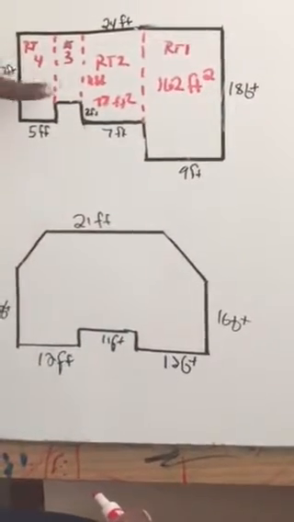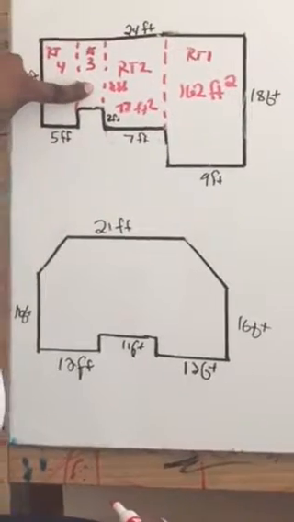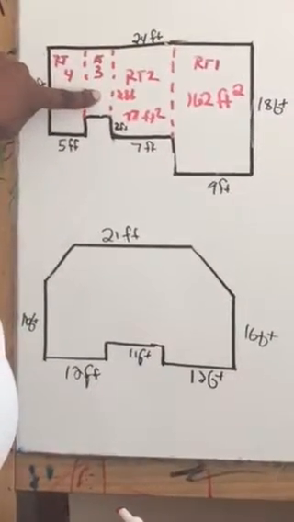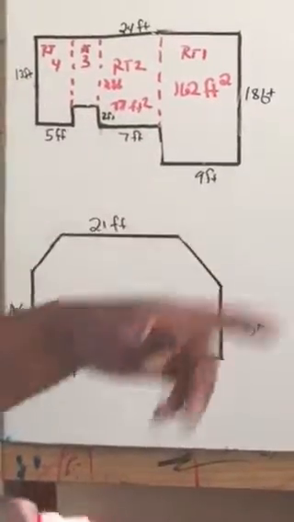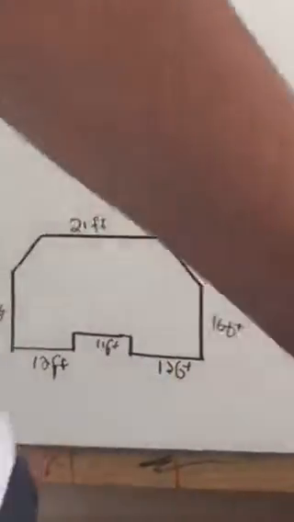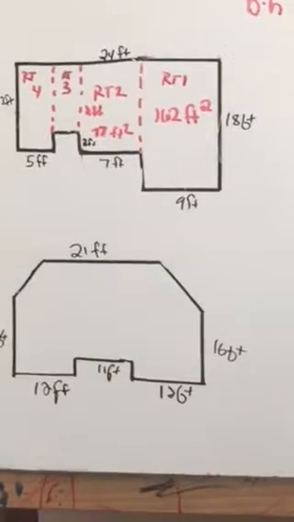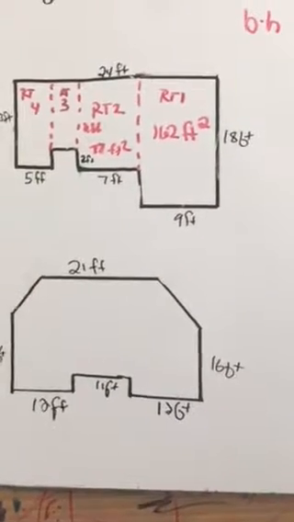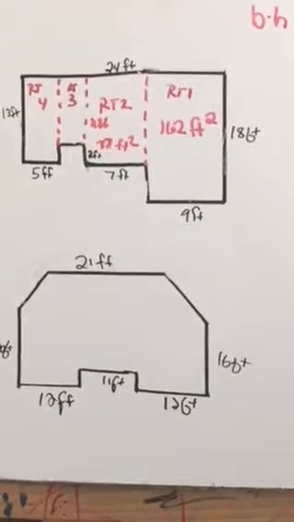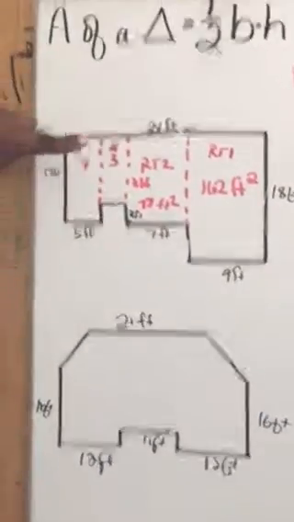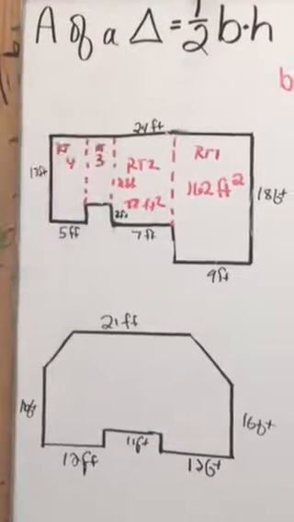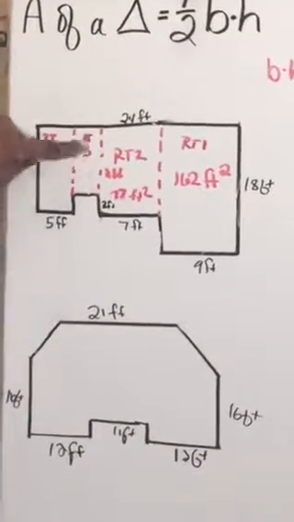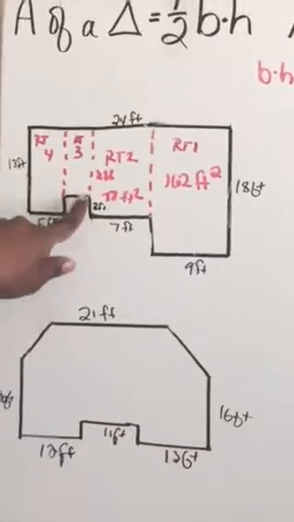Okay, moving along, we go into this rectangle right here. On this rectangle right here, we have our length, we have the height of it, but we don't have our base.